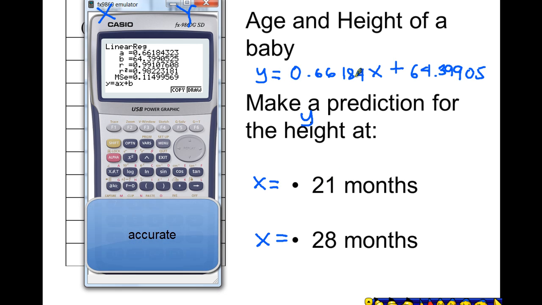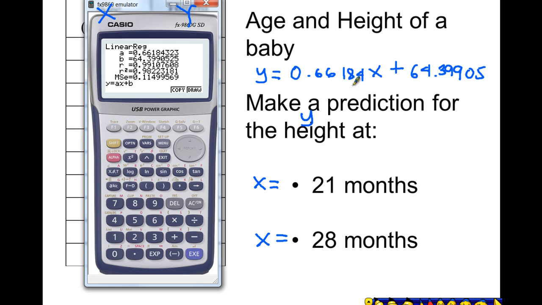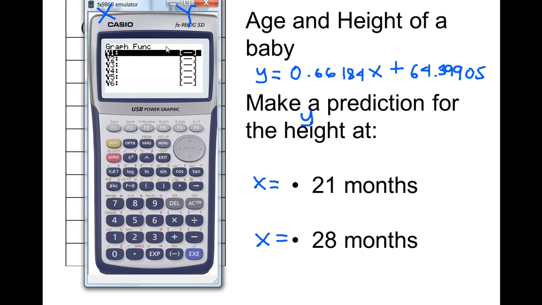So instead of writing the equation, what I'm going to do is to just copy the values of my A and the values of my B. So note that here I have copy, which is F5. So I'm going to copy this, F5. I'm going to paste it here by pressing EXE. So it has been copied to our calculator.